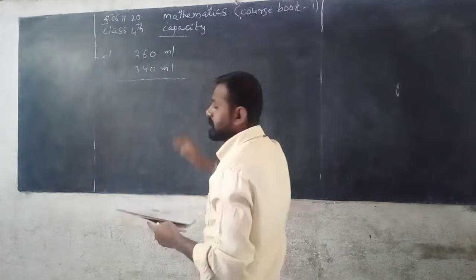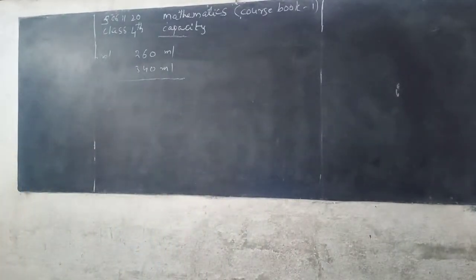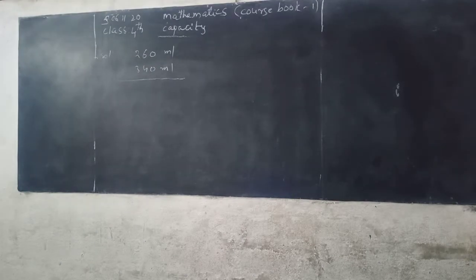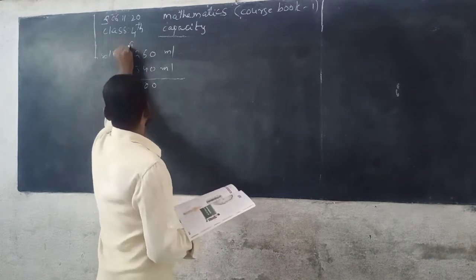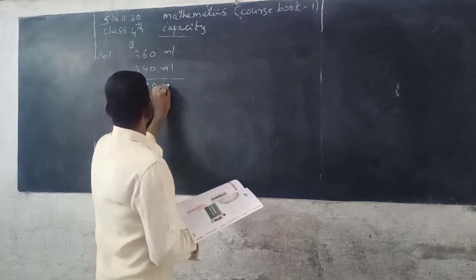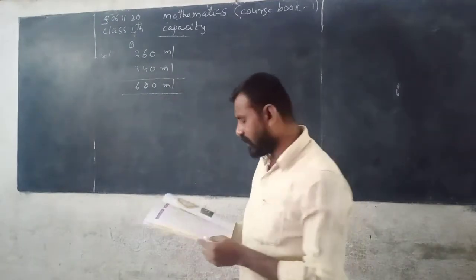See here, 0, 6 plus 4 is 10, 0 taking 1 carrying, 6. So 600 milliliters quantity given.